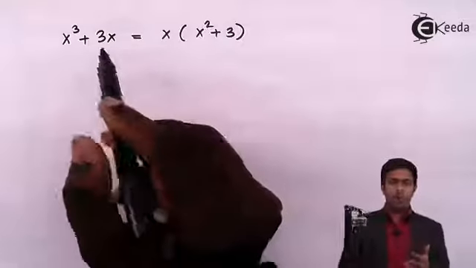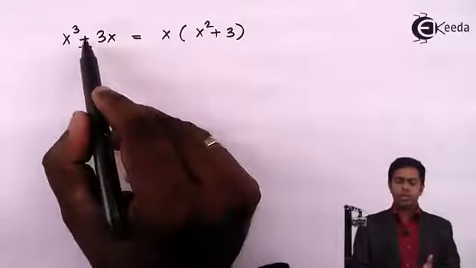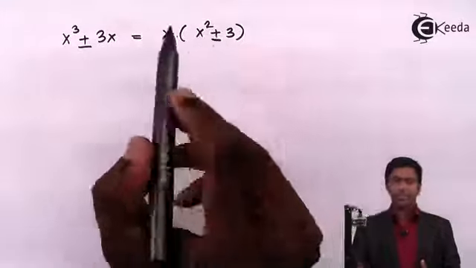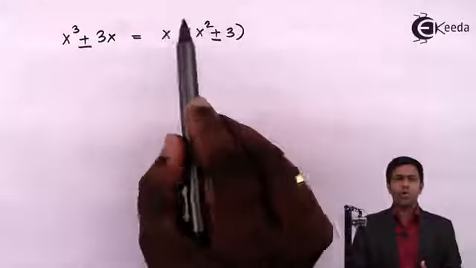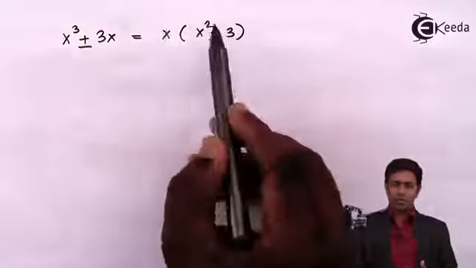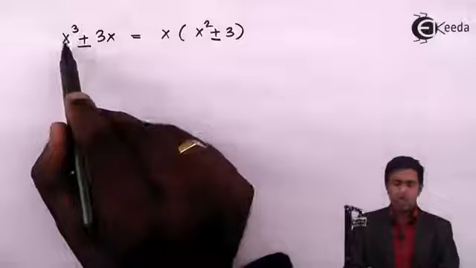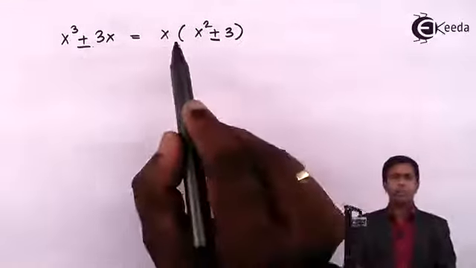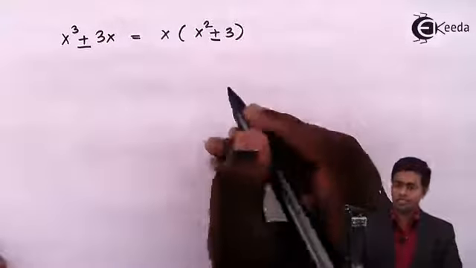On the left hand side I am representing these algebraic terms as the sum, or let's say difference, of two terms, whereas on the right hand side we are representing the same term as the multiplication of two different terms. Whenever we convert this sum or difference of two terms into the product of two terms, that process is called factorization.